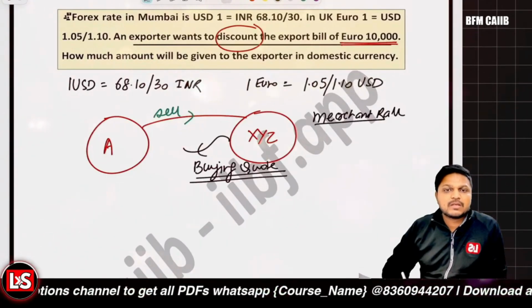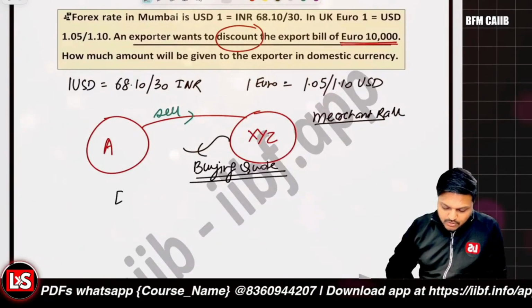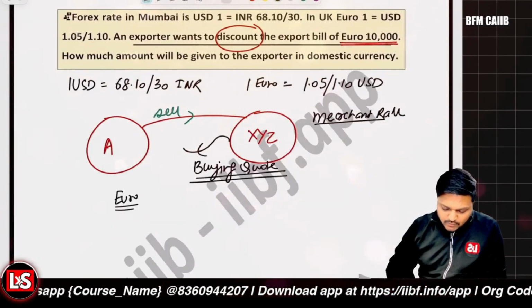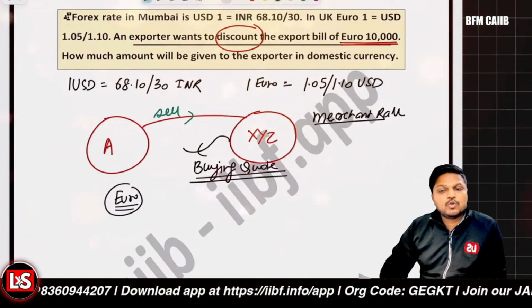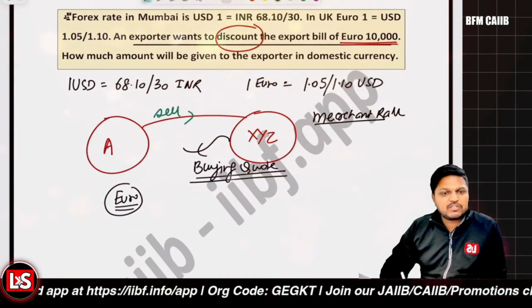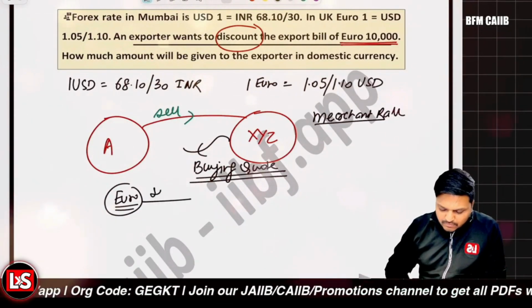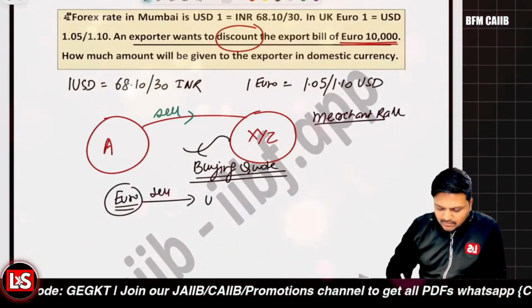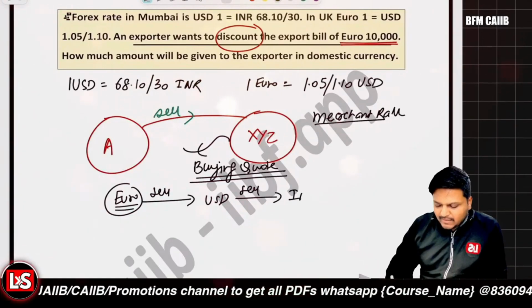Clear with it? And now you have the euros with you. There is no direct combination of euro to INR. The combinations available are euro to USD and USD to INR. First of all, you will be selling the euro and getting the USD, and then you'll be selling the USD and getting the INR.